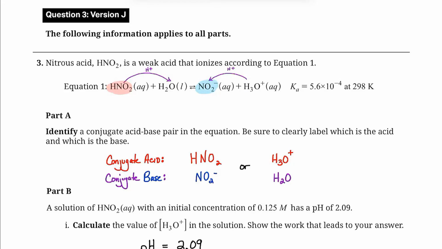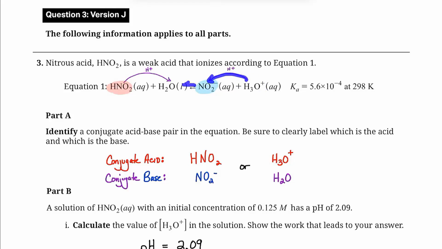Another conjugate acid-base pair: look at the water here, and it becomes H3O plus. What happened to it? It, of course, gained a proton. So that means that this must be the conjugate base, and its other form, same chemical plus or minus H, has one more. So in the reverse, it gives off an H plus.